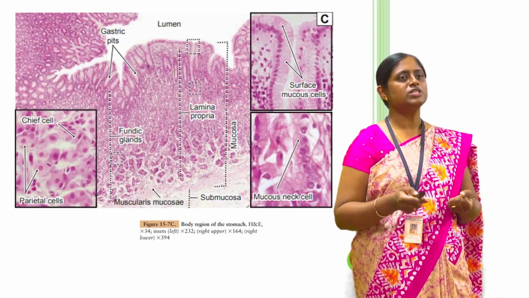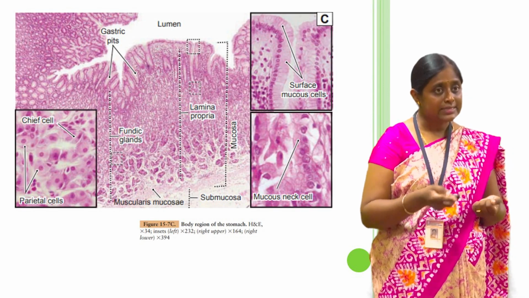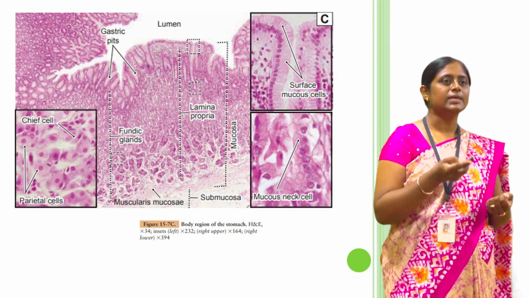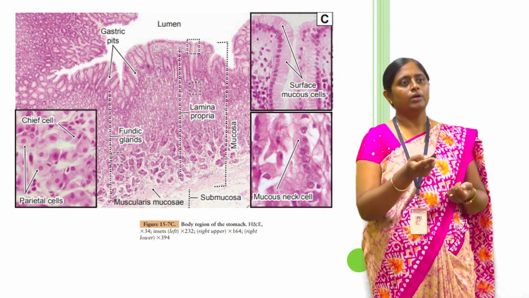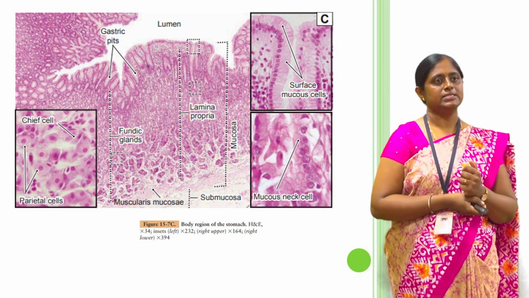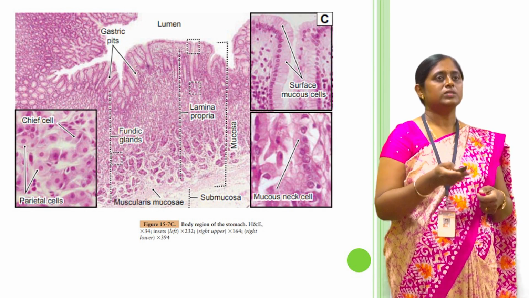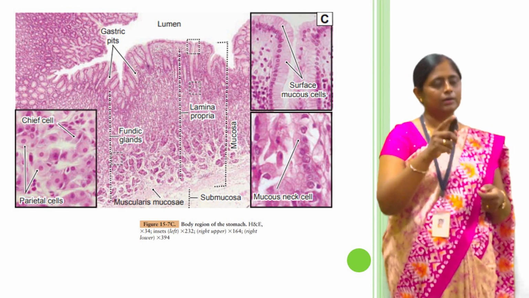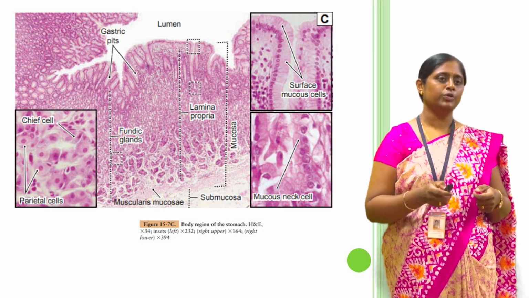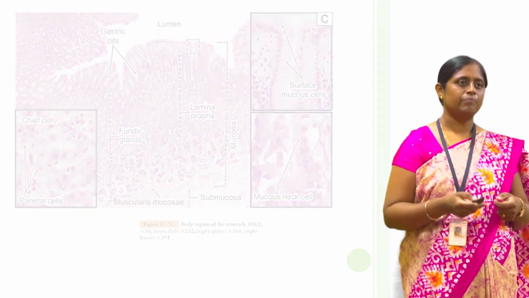The mucous neck cells are present at the region where the gastric pit ends. The surface mucus cells are also present, which form the upper lining of the gastric glands.